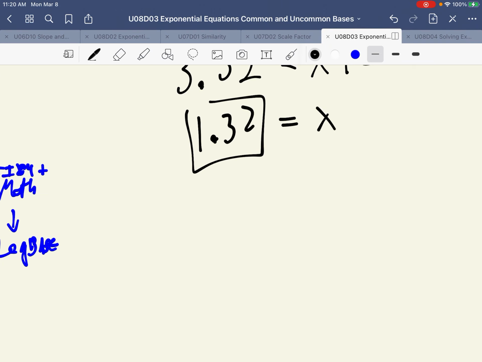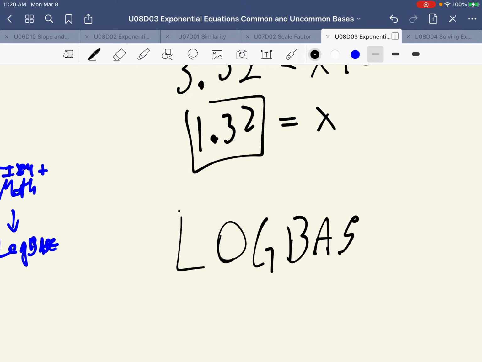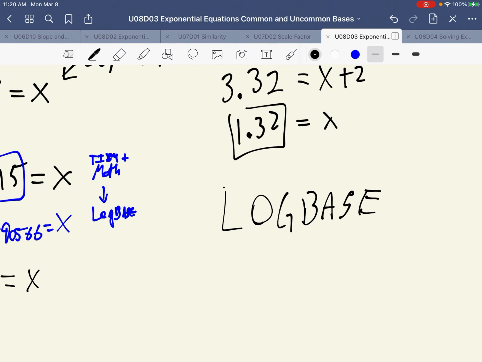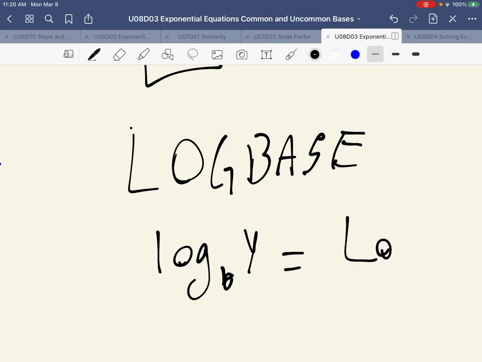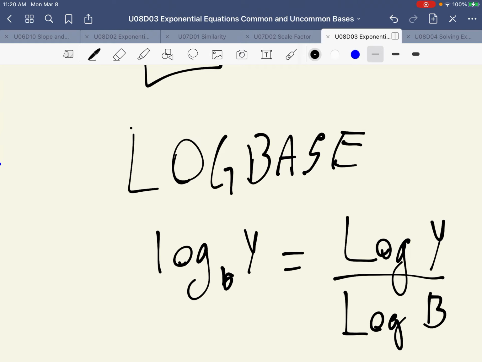Another thing to concern yourselves with, if your calculator doesn't have the log base function in it, you can also write any particular logarithm in another way. So log with a given base trying to obtain a particular value can be rewritten as log y divided by log base. So this is in your calculator.